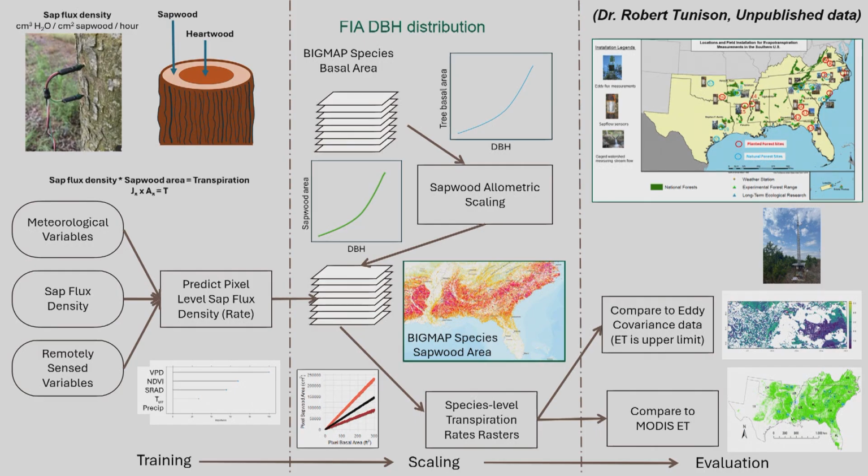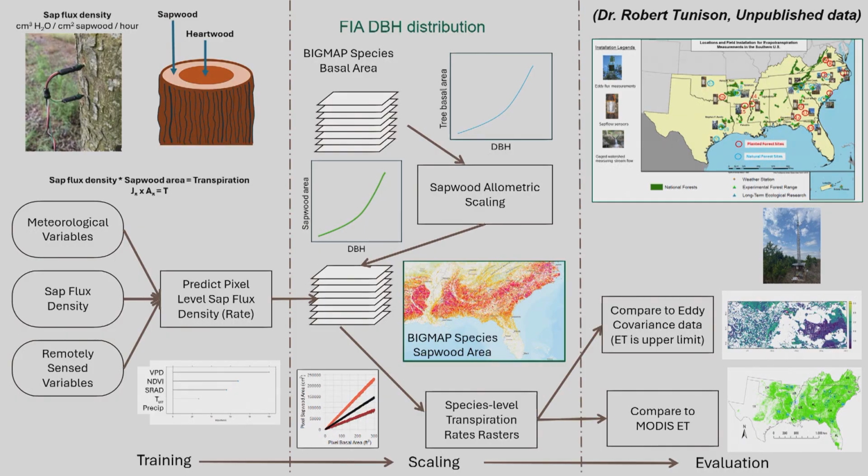I'm involved in this project. Basically, we want to map out a higher quantification of water use by trees at a large scale. This is the first step, first project. We link FIA to hydrology, to evapotranspiration, to transpiration of trees.